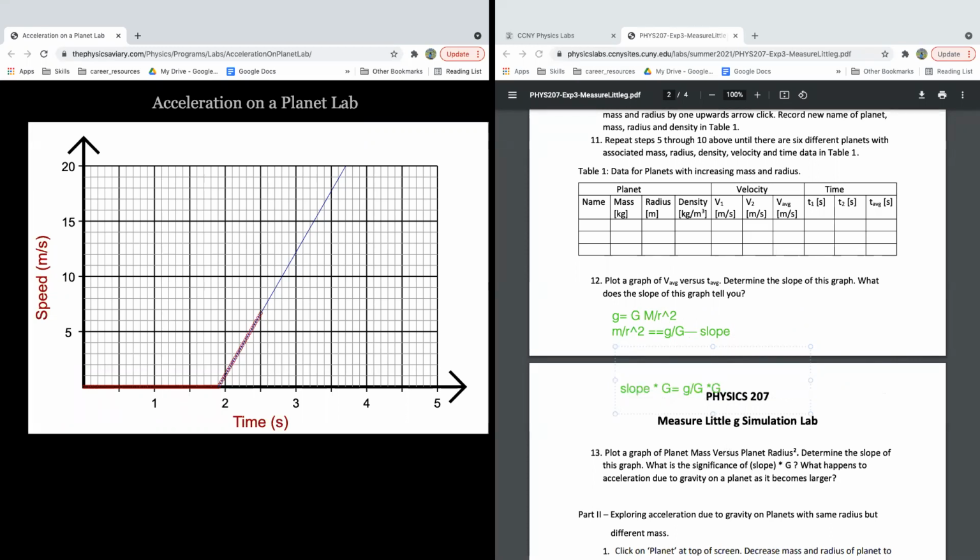So it's supposed to be g, right? So what happened to acceleration due to gravity on planet as it increases, it becomes larger. So when the gravity on the planet becomes larger, what happened to the little g?